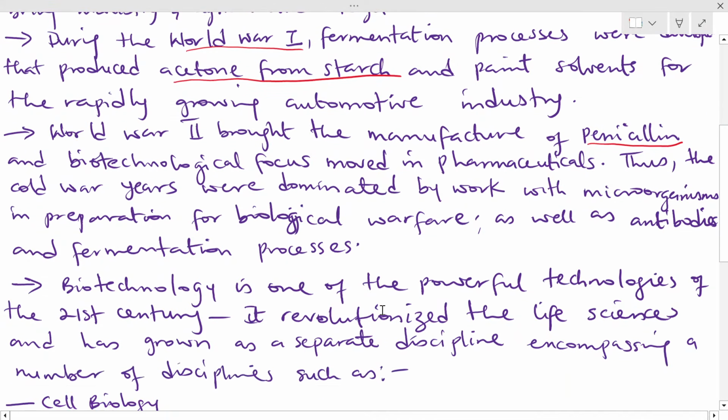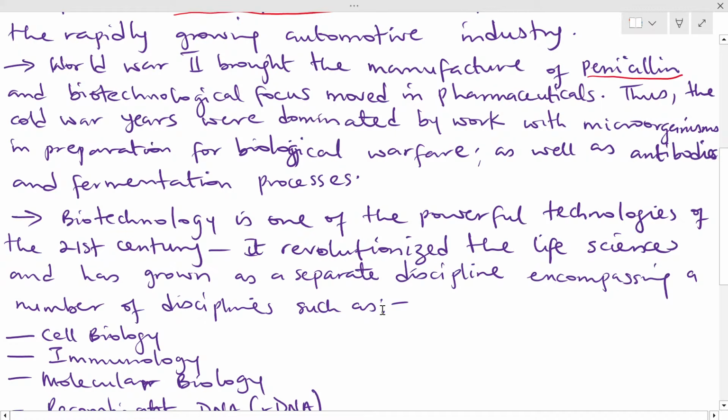So biotechnology is one of the powerful technologies of the 21st century. It didn't end with the 20th century. It walked into the 21st century, and it has revolutionized the life sciences and grown into a separate discipline. Separate discipline is a key word here.